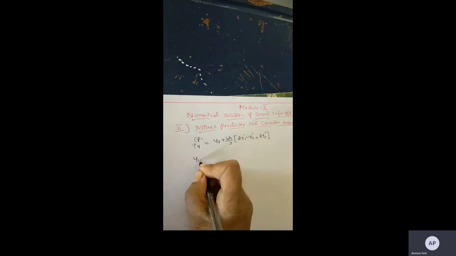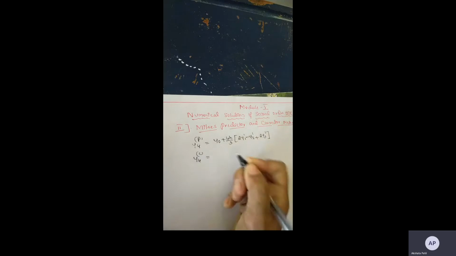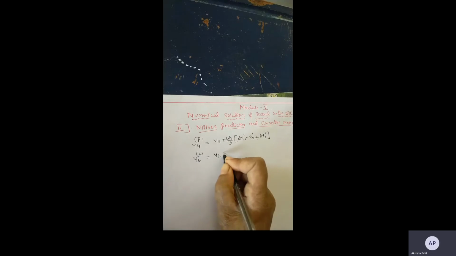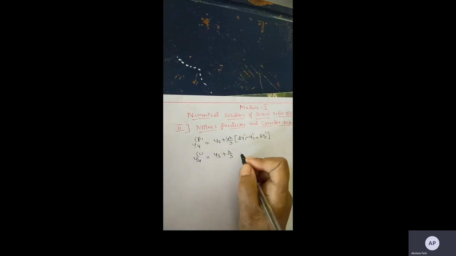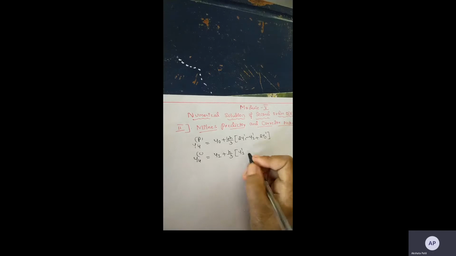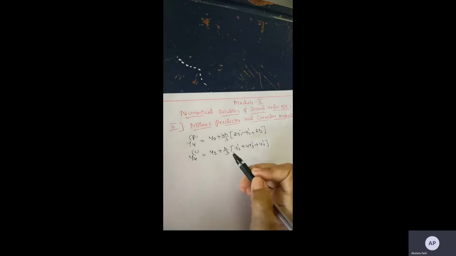And Milne's corrector formula is y4 of corrector equals y2 plus h by 3 into y2 dash plus 4y3 dash plus y4 dash. These are the relations for predictor and corrector in Milne's method, where h is the step length.